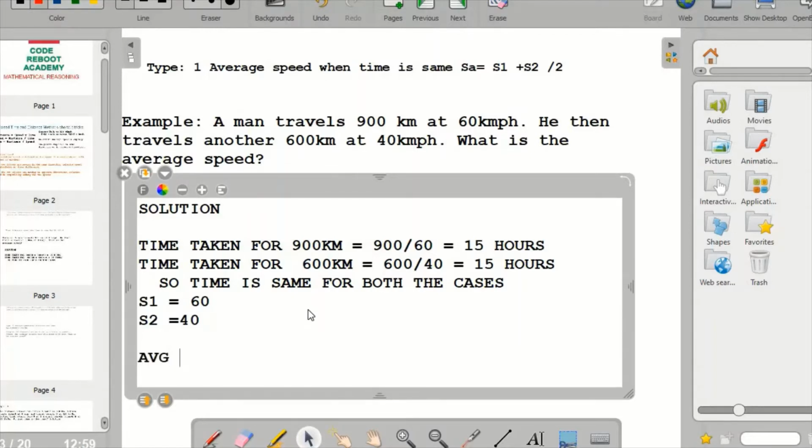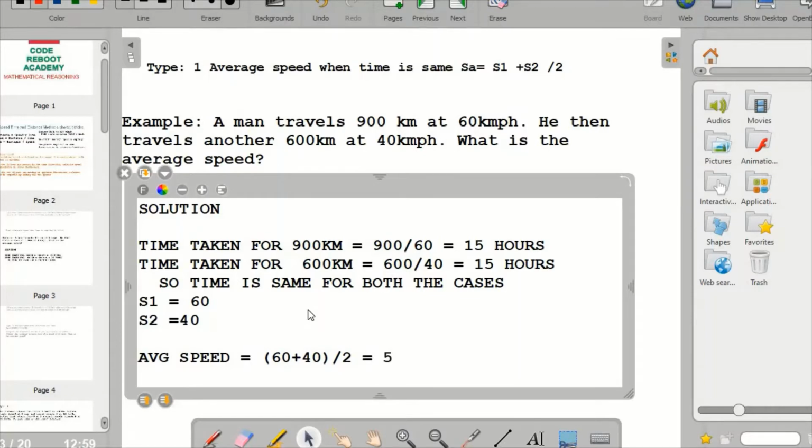So average speed, okay, average speed equals 60 plus 40 divided by 2. This is our formula.